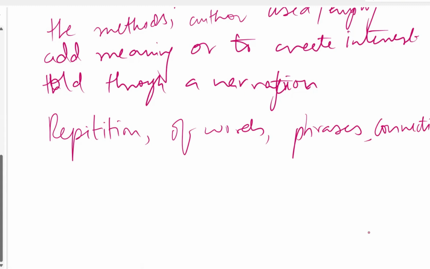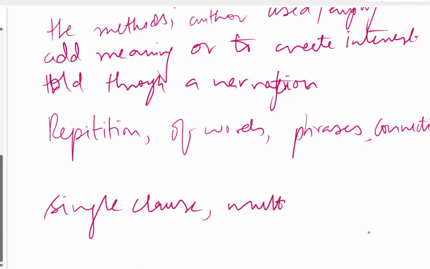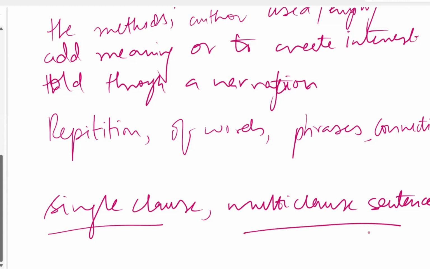The structural devices also include sentence types, like multi-clause sentences. Is it a single clause sentence or a multi-clause sentence? You are going to read it and then explain your paragraph number 6 and 7. So you can also embed the sentence types into it. Got my point?